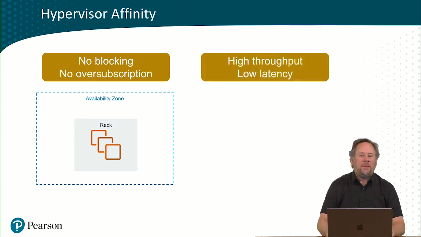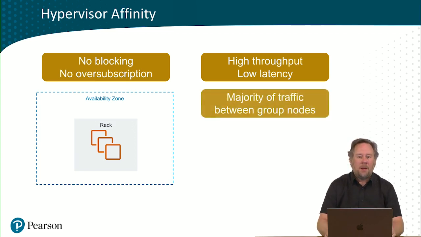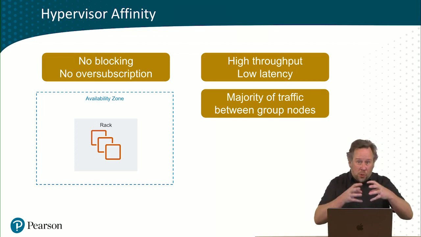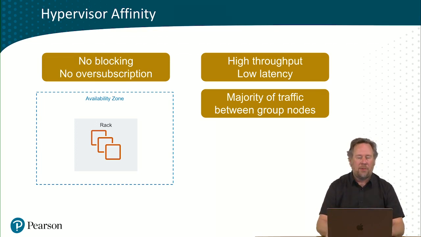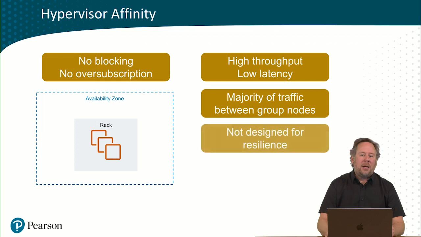This is going to be for achieving high network throughput and low latency because they're that close. This is going to be when you have multiple resources and the majority of the traffic is between the nodes of that workflow. And it's not going to be designed for resilience.